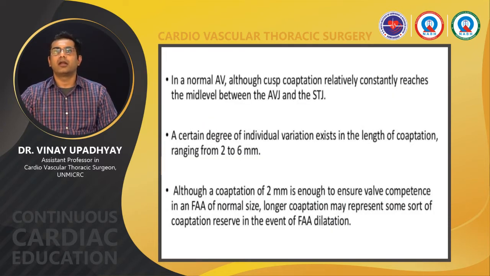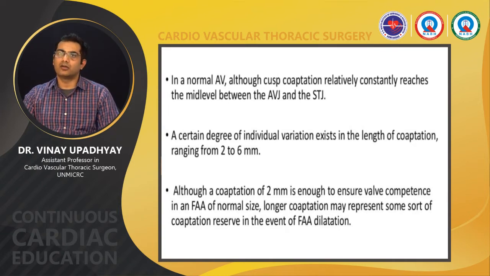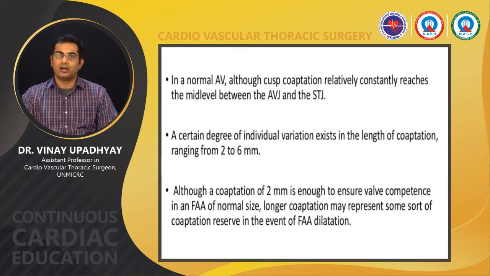In a normal aortic valve, cusp coaptation relatively constantly reaches the mid-level between the aortoventricular junction and the sinotubular junction. A certain degree of individual variation is present in the length, ranging from 2 to 6 mm.